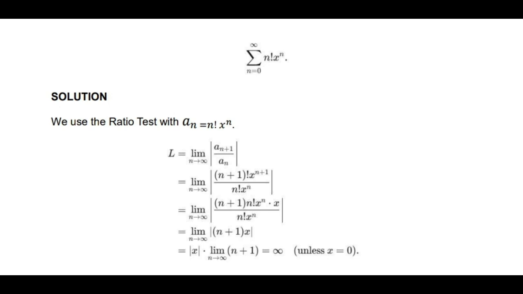So it results that unless x equals 0, the limit L is infinite, which is certainly greater than 1. Therefore, the series diverges for all x not equal to 0. So the radius of convergence in this given problem is R equals 0, and the interval of convergence consists of just a single point, the closed interval of 0.